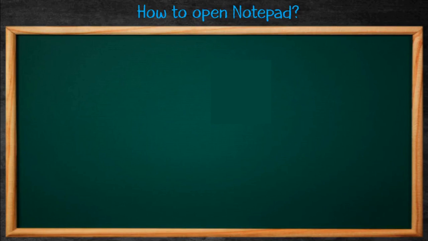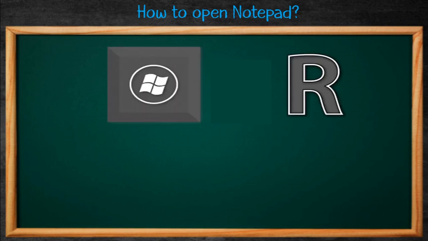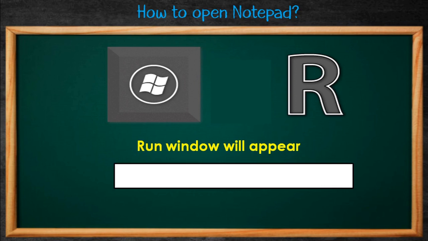Now, how to open Notepad? There are many ways of opening Notepad in a computer, but the simplest and fastest way is this. There are two buttons on a keyboard: the first is the Windows button and the second is R. Press and hold the Windows button, and then press R. A small run window will appear with a box where you can type text.